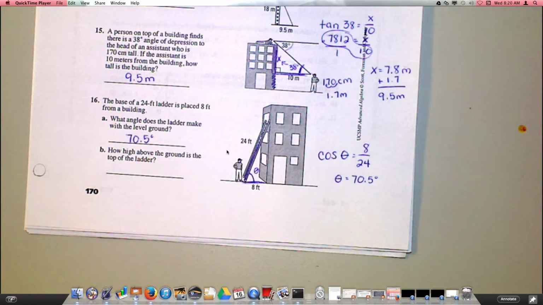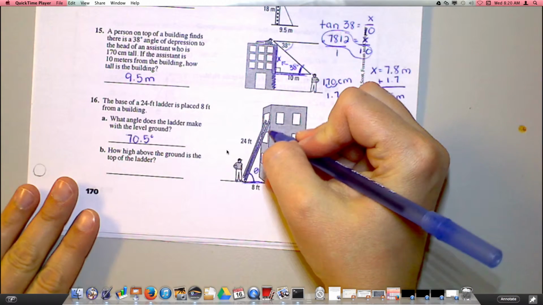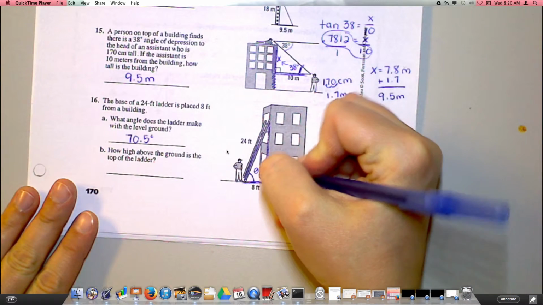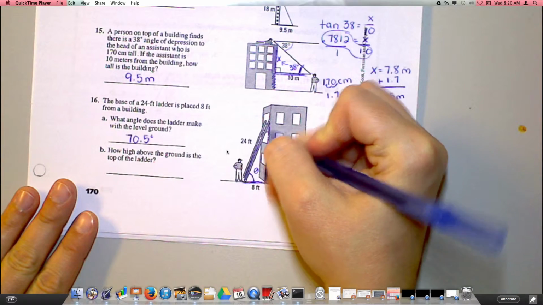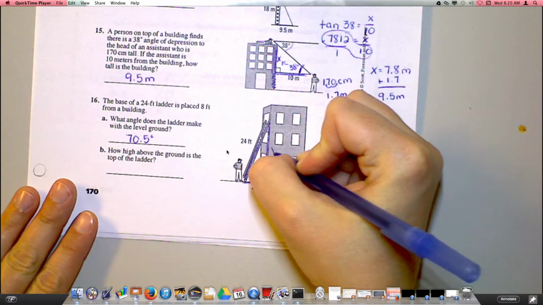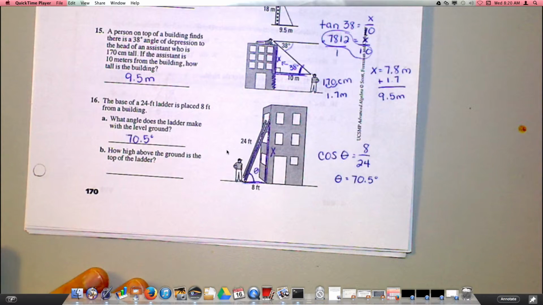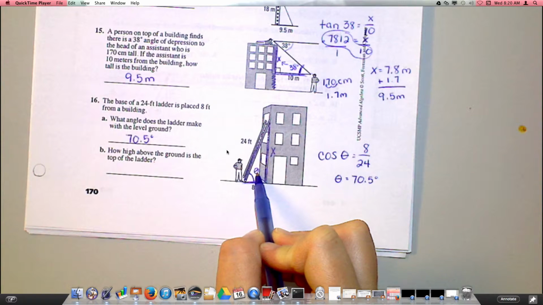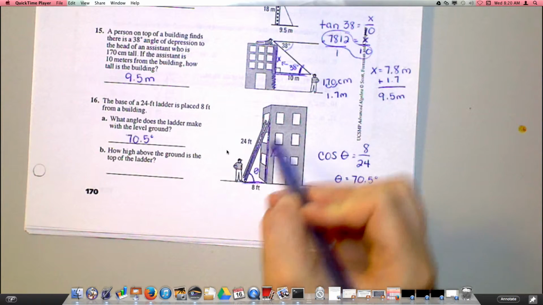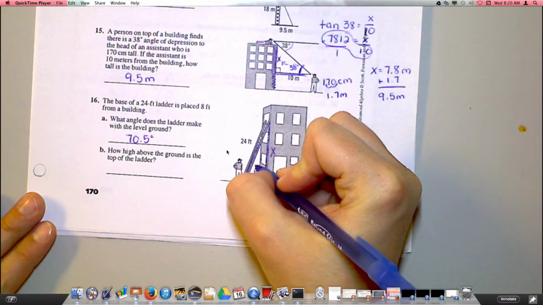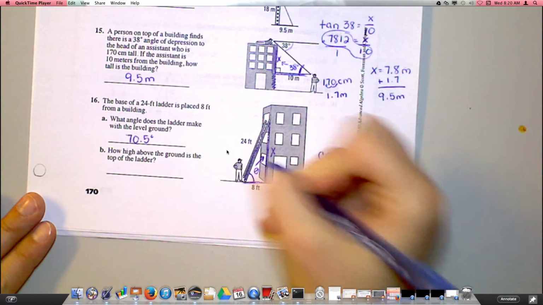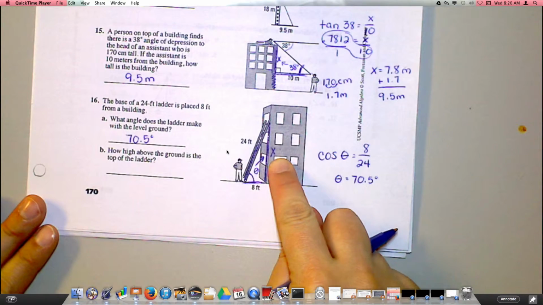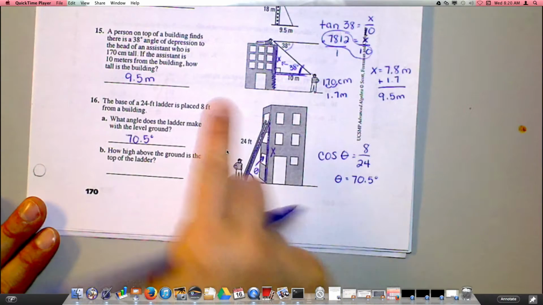Then it says, how high above the ground is the top of the ladder? So what that's asking for is this distance here. So now I want to know this. I see two different ways I could go about that. If I were to do it with trig, now I know that this is a 70.5 degree angle. I want to involve the opposite somehow because I want to make sure I have my x in my equation. But then I could use either the adjacent or the hypotenuse.